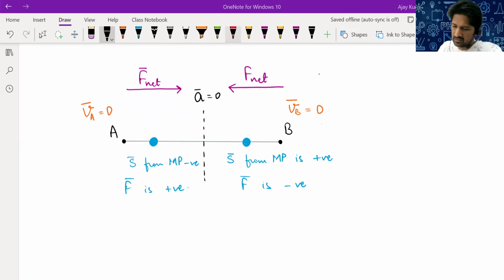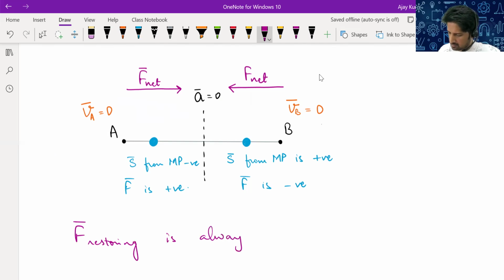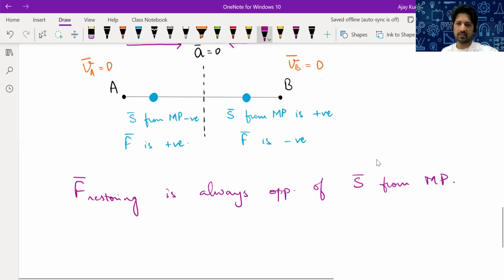So you can say that the restoring force is always opposite to the displacement from the mean position. So they will have opposite signs. If the displacement from the mean position is positive, the restoring force will be negative, and reverse. If the displacement is negative, the restoring force will be positive. Okay.